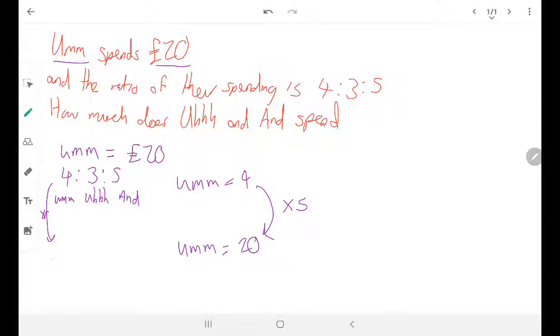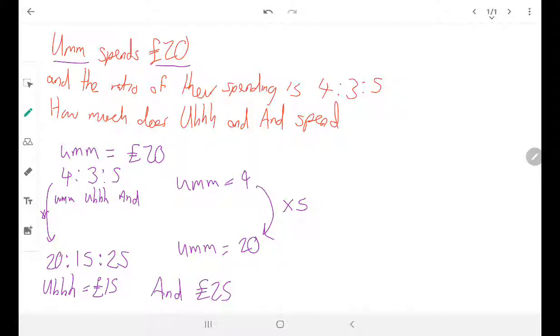So 4 times 5 is 20, 3 times 5 is 15, and 5 times 5 is 25. So this tells you now that spends 20, is 15, and is 25. Now you have to really look at what you're told. So here spends 20, and you need to link it to the ratio.